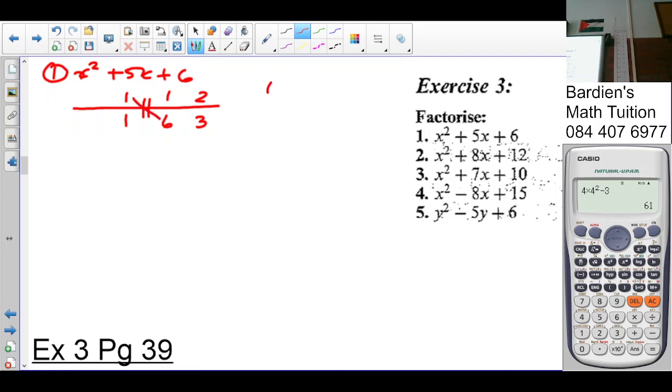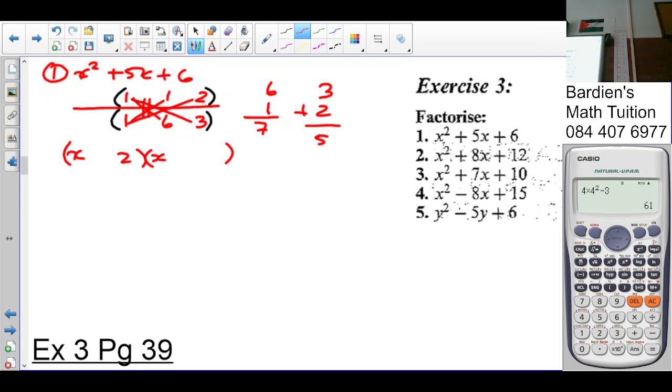So 1 times 6 is 6, 1 times 1 is 1. You add it, you get 7. What am I looking for? 5. 1 times 3 is 3, 1 times 2 is 2. You add it, you get 5. So in brackets goes an x and a 2, an x and a 3.